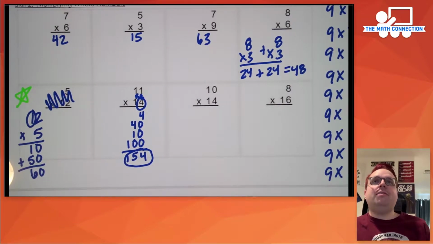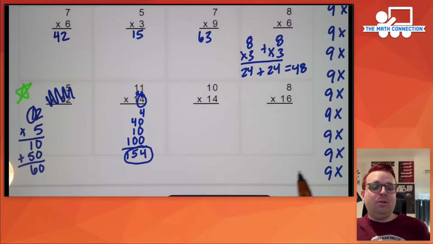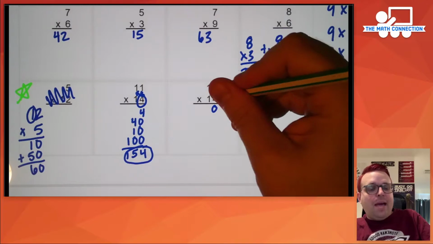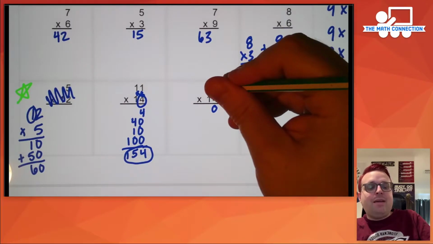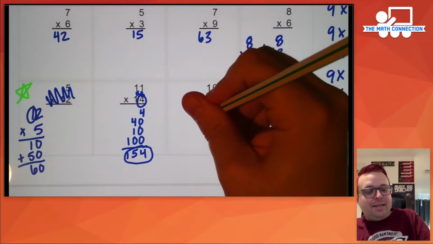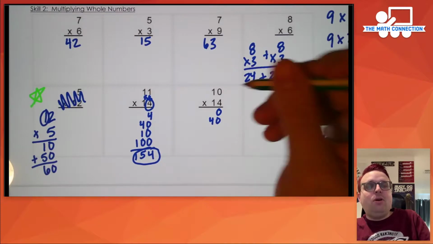But instead of looking at it from a pattern perspective, let's show you how you would just do this multiplication. So you would do 4 times 0, which gives me 0, and then 4 in the ones place times 1 in the tens place is 4 times 10. And 4 times 10 is going to give you 40. The next thing is going to be 1 times 0 in the ones place.